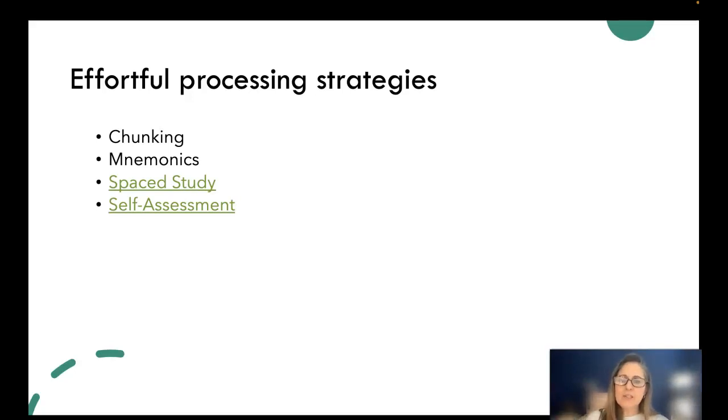But in addition to spaced study, that's also called spaced practice. And then self-assessment. Self-assessment relies on the testing effect. And it's what in the Stephen Chew videos you've heard as retrieval practice. And in fact, we've used that term quite a bit in class up to this point.